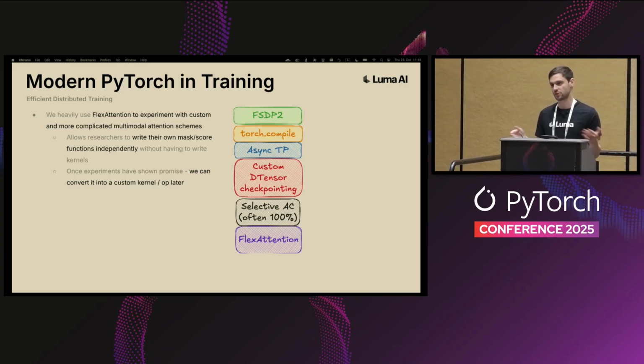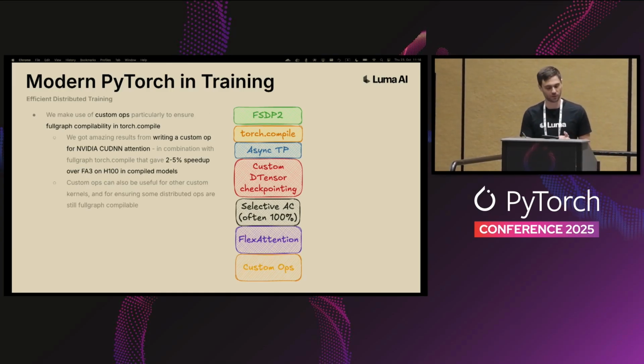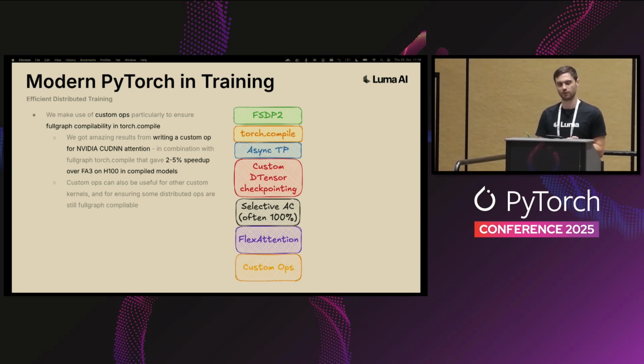Of course, flex attention is bounded by at most being as good as flash attention 2, depending on your sparsity. So if you have something that shows promise in your experiments, then that is something where we can make custom kernels or ops later, which is another point that we make frequent use of. Making custom ops can be really useful in the regime where you are relying on Torch compile very heavily.